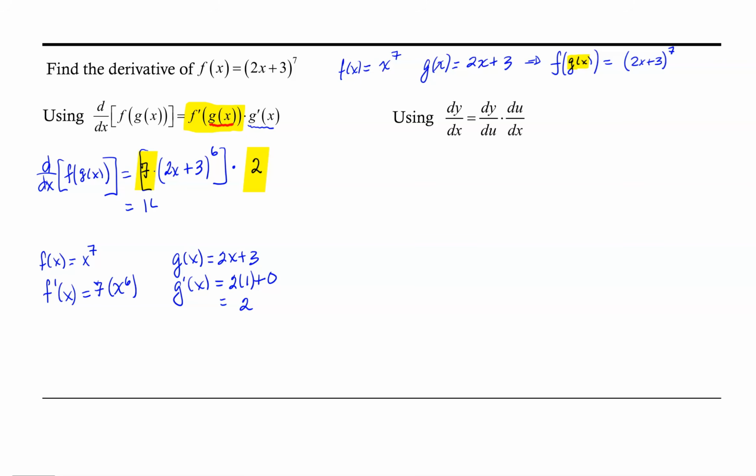So 14 times the quantity 2x plus 3 to the 6th power would be our derivative using the Lagrange notation.